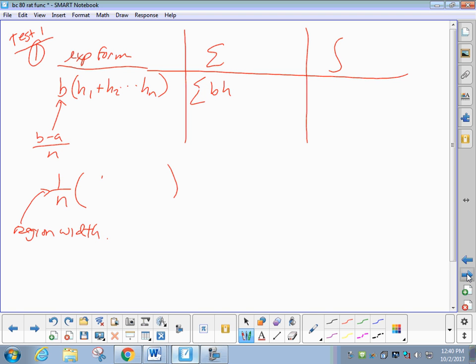You follow? All right. The inside, the heights, tell you then what the function is. And it also tells you the starting point.